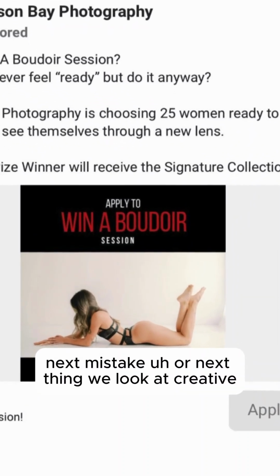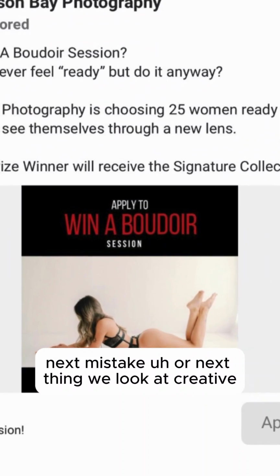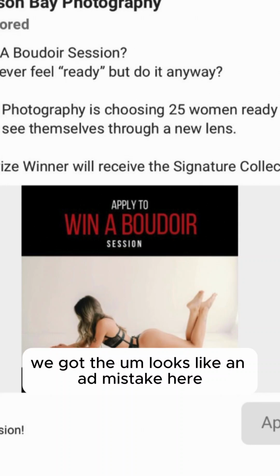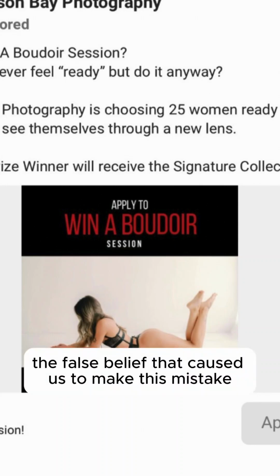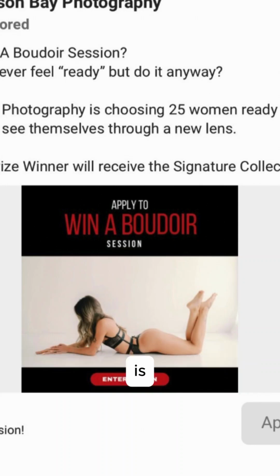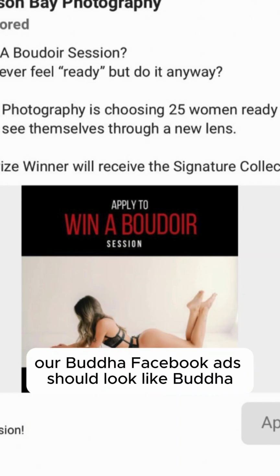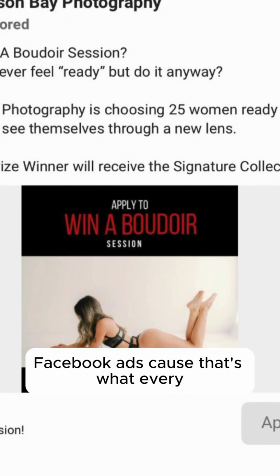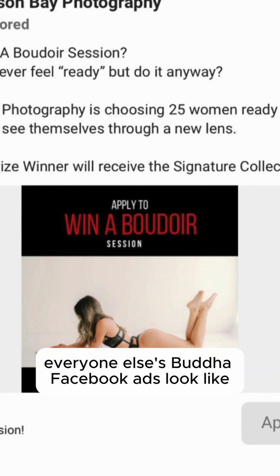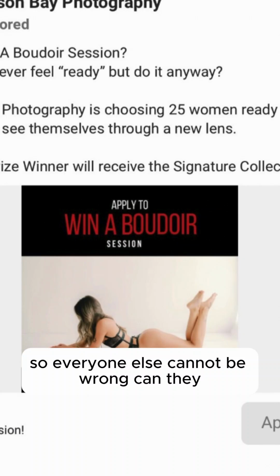Next thing we look at, creative. It looks like we've got an ad mistake here. The false belief that caused us to make this mistake is that we believe our Boudoir Facebook ads should look like Boudoir Facebook ads because that's what everyone else's Boudoir Facebook ads look like, so everyone else cannot be wrong. Can they?